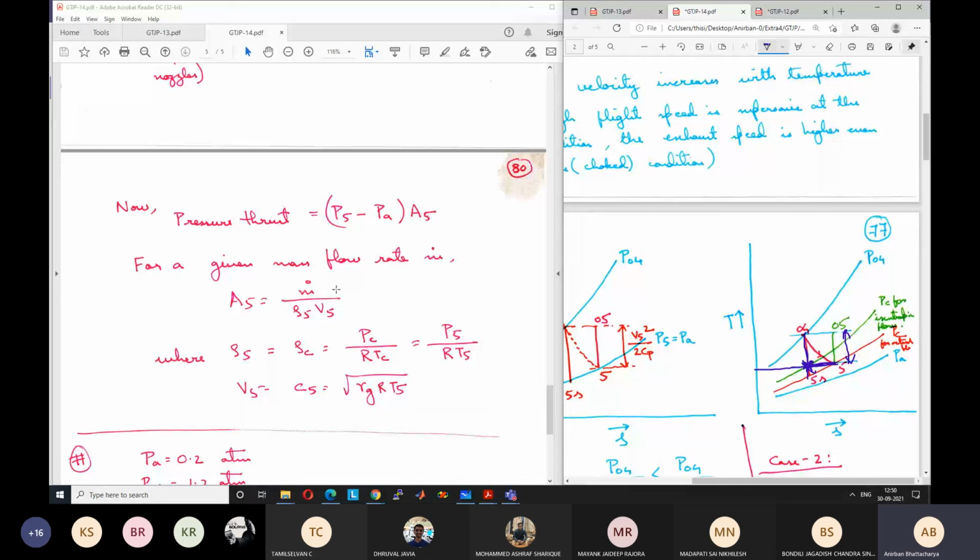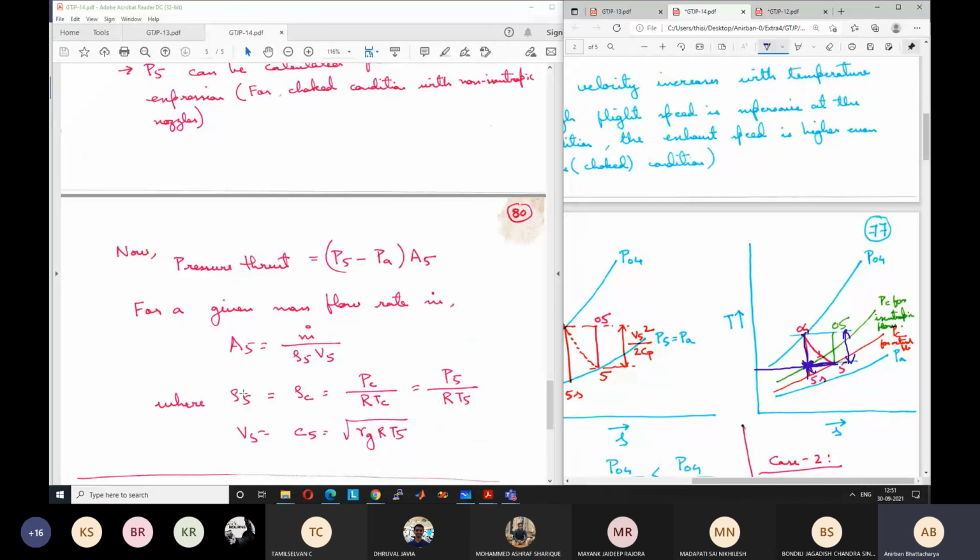And the density at the exit is the critical density. Using the ideal gas law, rho is equal to P by RT, so rho C is equal to PC by RTC. The critical pressure we have just calculated is equal to P5, so P5 by RT5 will give us the density.